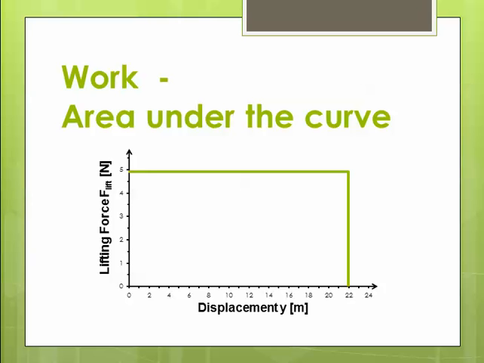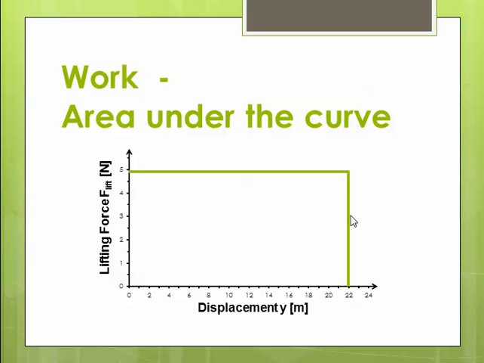So, let's find the force. On this axis, the force is plotted. Here we are, 5 newtons. The force is constant, it doesn't change. It is applied over a distance of, here we see it, 22 meters. The area under the curve is given by the product of the side lengths.